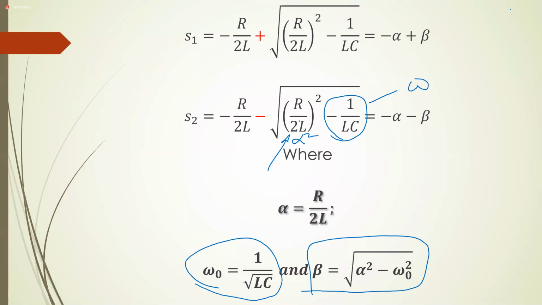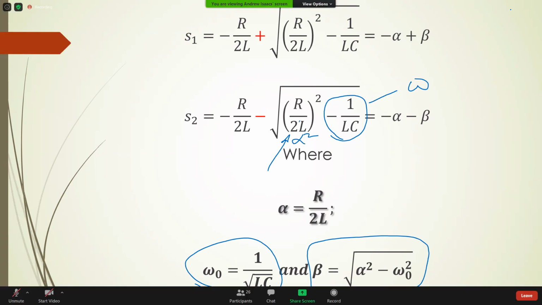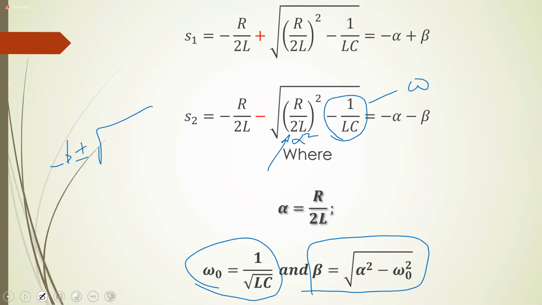All right. If you go back to the auxiliary equation, remember that we are using our quadratic formula, which is minus b plus or minus the square root of b squared minus 4ac over 2a.